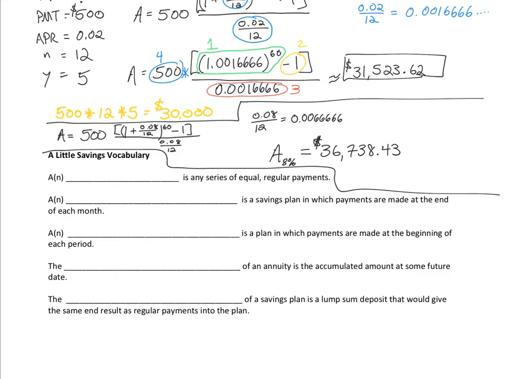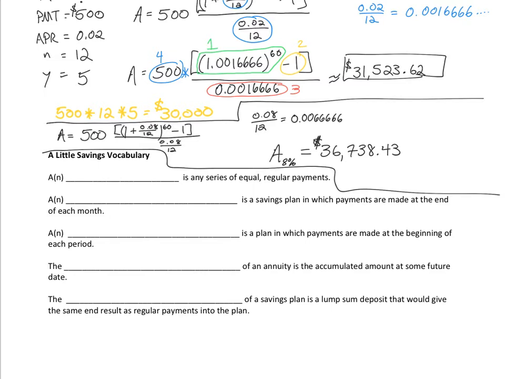So between just stuffing it under your mattress and having 8%, you make an extra $6,700 in those 5 years, which is almost $1,350 per year for free that you are just making for having your money in a bank.